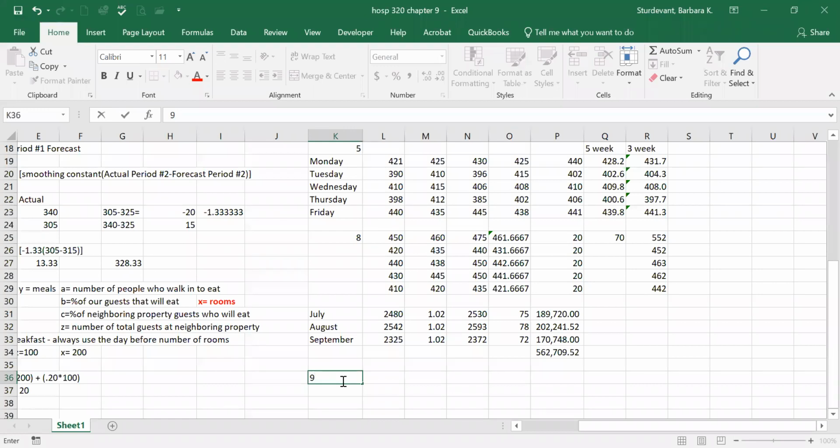Average daily rate, our ADR, is 120. The double rooms are single plus 20. We have occupancy, single, double, and breakfast sales, single, double, and lunch and dinner. And then we have our average food checks.